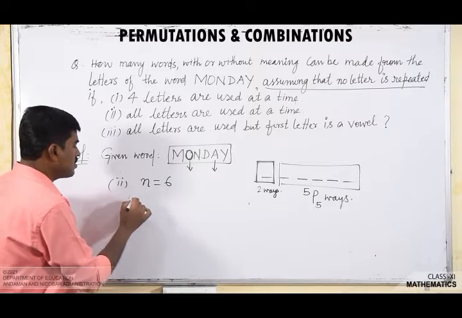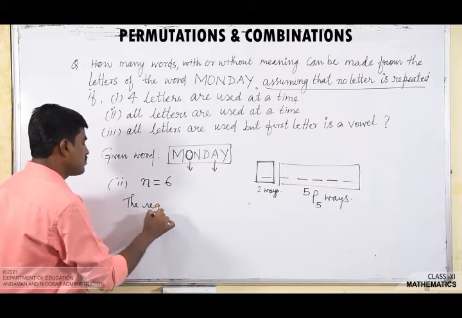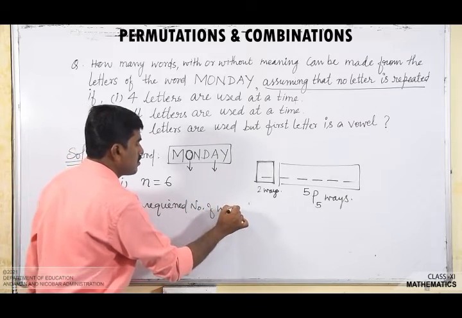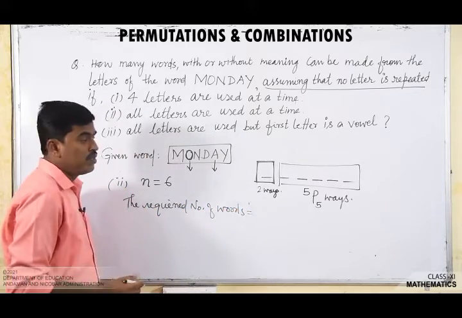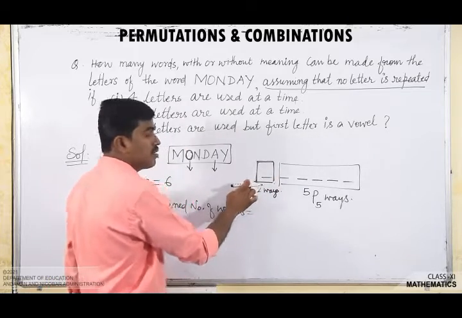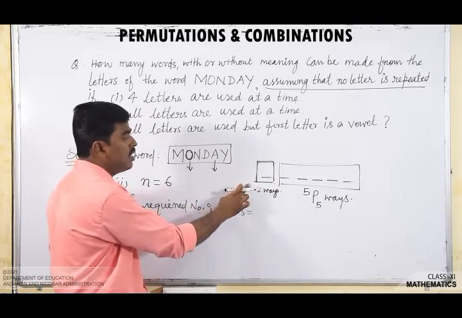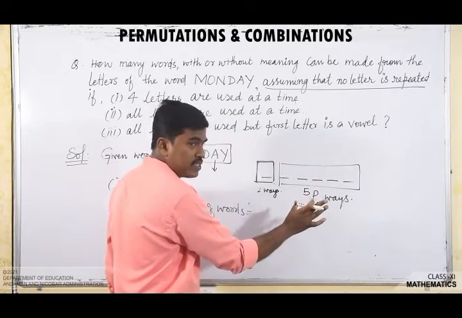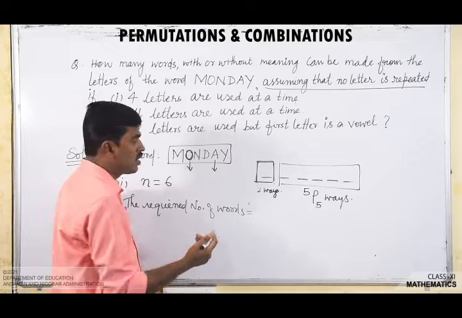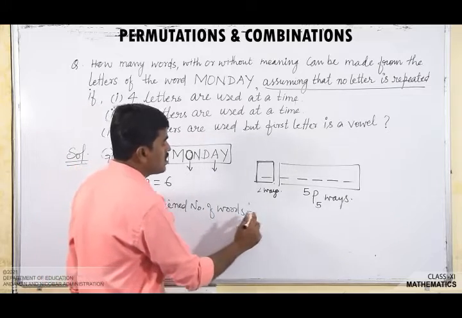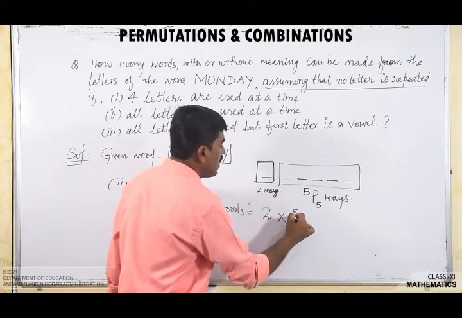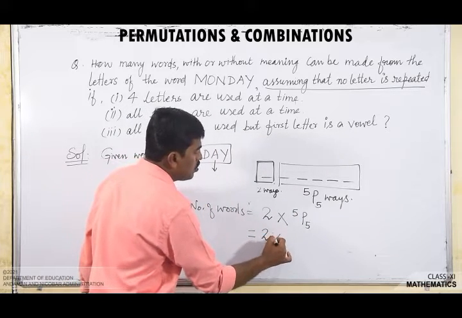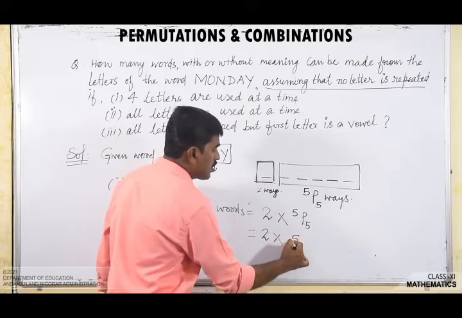So in this case the required number of words is equals to, here the first letter can be filled in 2 ways and the remaining 5 letters can be filled in 5P5 ways. So by fundamental principle of counting, the required number of words is equals to 2 into 5P5, and it is equals to 2 into, what is 5P5? That is 5 factorial.